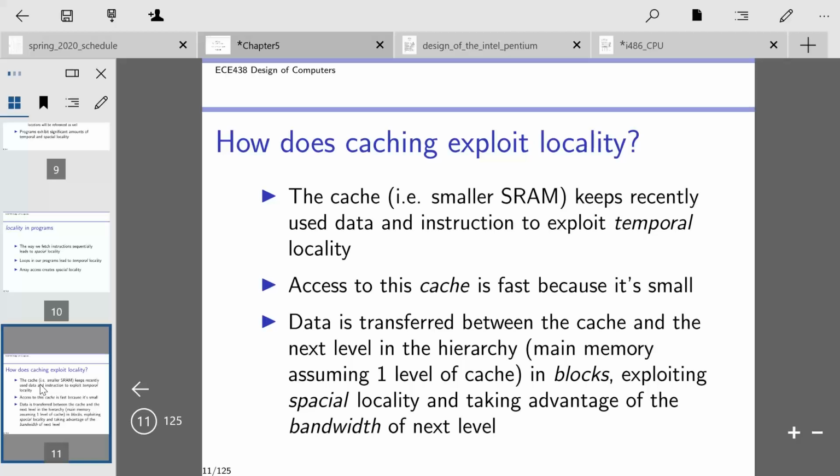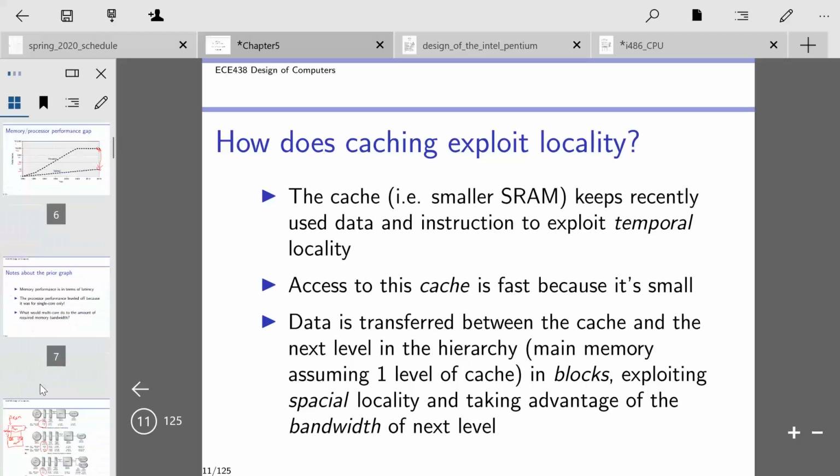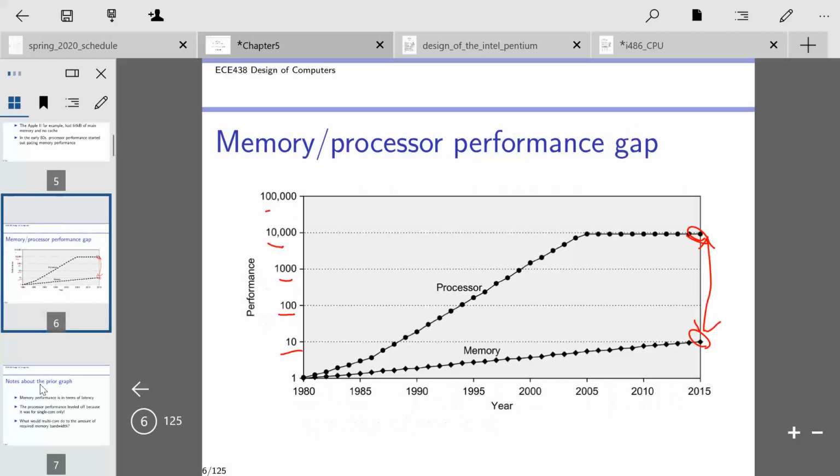Grabbing data in blocks from the next level also allows us to take advantage of bandwidth. Real quickly, one thing I wanted to remind you about is that when we talk about memory performance in this particular graph, we're actually talking about latency. Remember, in chapter 1, we talked about the difference between latency and bandwidth, and they're two different things.